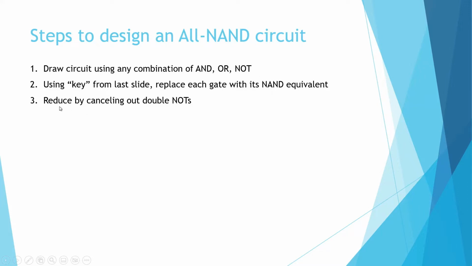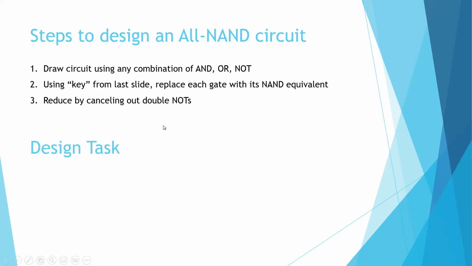And the last thing is to reduce or simplify the circuit by cancelling out the double NOTs, because when you invert an inversion, you get just the initial value, so you cancel the wires that have double NOTs in them.